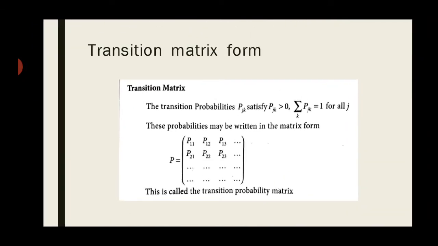That's what they say as summation pjk equal to 1. And here you can see the probability matrix P. You can see p11, p12, p13, all these are nothing but the probability entries, and this particular matrix is called the transition probability matrix, and in detail we will learn about it in the upcoming slides.